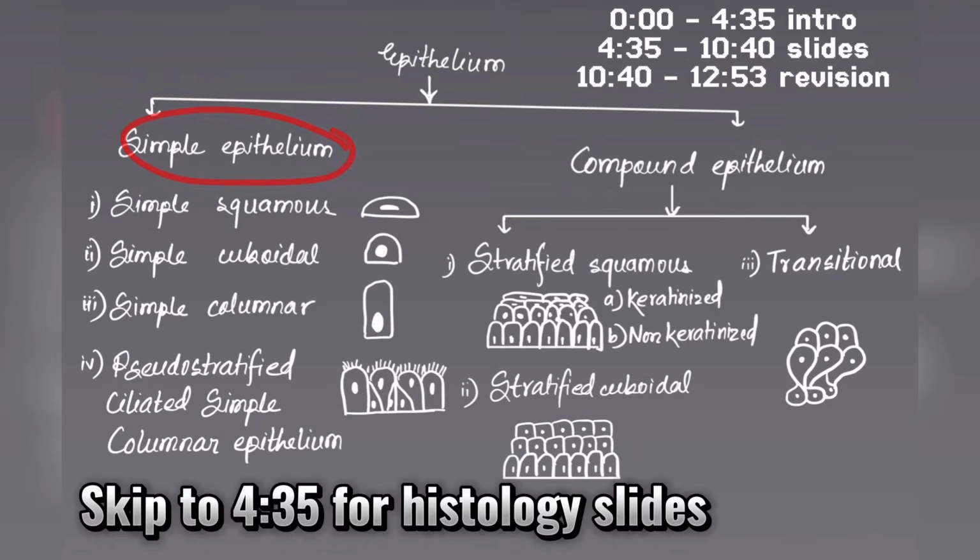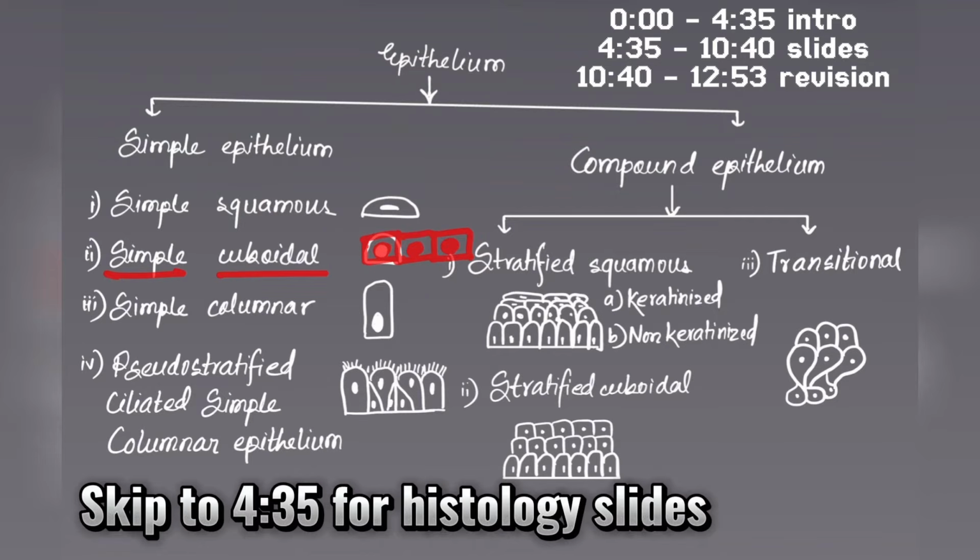Simple epithelium, on the basis of the shape of the cell, is of three types. There's your simple squamous epithelium, where you will find flat cells with flat nucleus arranged in a single layer. So you need to know the feature that it contains flat nucleus. That is exactly what you are going to observe under a microscope, the presence of flat nucleus. Second is simple cuboidal, where you will find cube-shaped cells arranged in a single layer, and these cube-shaped cells contain round nucleus.